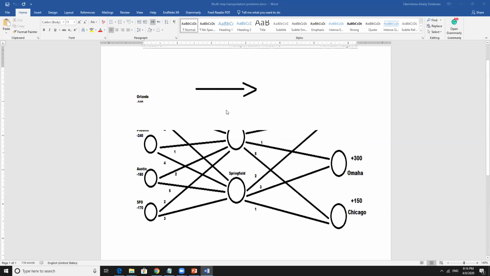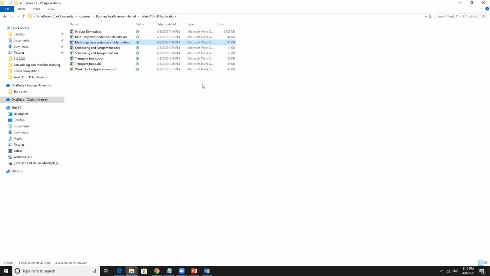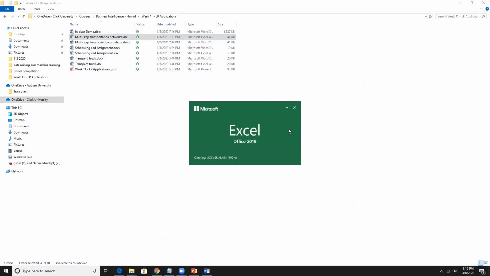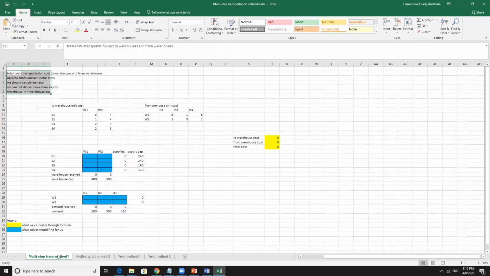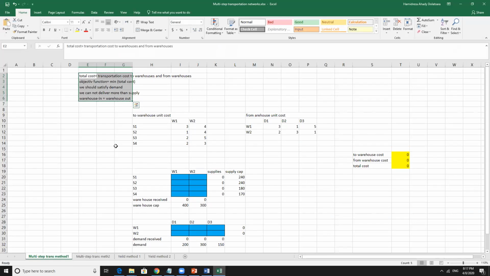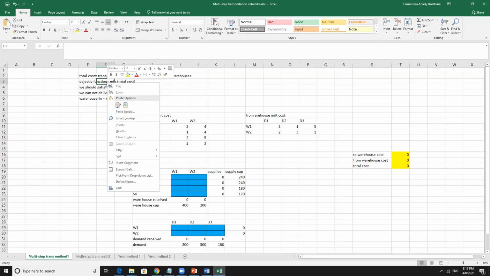So, let me just go to the solution for now. As you see, the total cost is the transportation cost to warehouses and from warehouses.